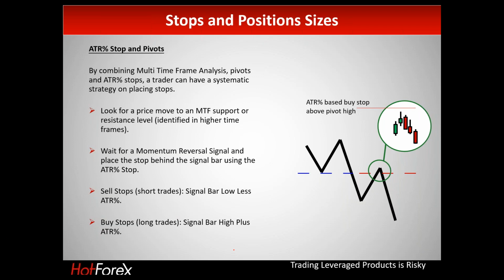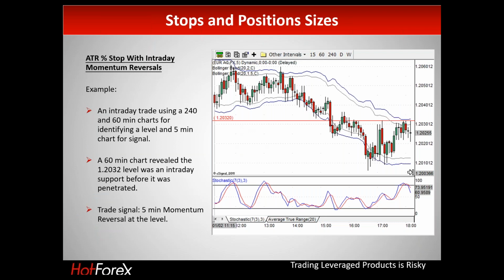And once the asset moves lower than the ATR signal, then you can have your sell stop, or if your signal bar high plus the ATR number, then you can have a buy stop. But just ignore this for now, guys, because it's not about multiple time frames right now. It's about trailing stops.